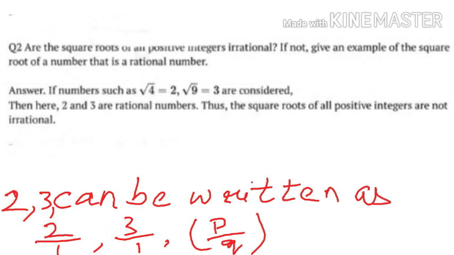Root 4 equal to 2, root 9 equal to 3, root 16 equal to 4. And all these numbers are rational numbers because 2 can be written as 2 by 1, 3 can be written as 3 by 1. So these can be written in the form of a ratio or p by q. So square roots of all positive integers are not irrational. Done? It cannot be irrational.